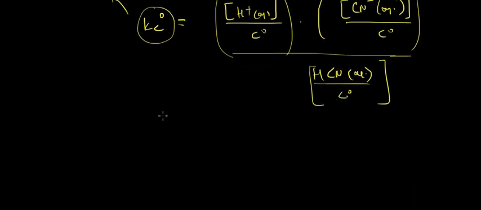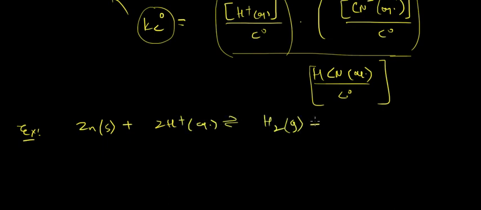Okay, let's see another example wherein we have Zn(s) plus 2H plus aqueous getting formed into H2(g) plus Zn plus 2 aqueous.